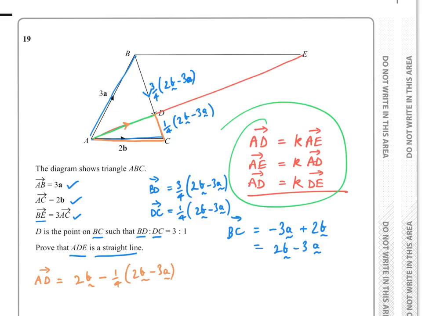And then what I can do is look at the whole of A to E here, and I can say that A to E is the same as going 3A, and then, right, BE, have we got BE? Yes, we have, thank goodness.